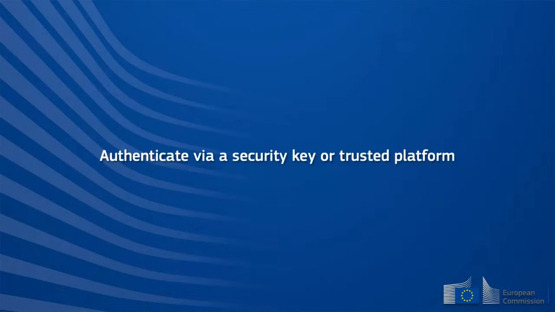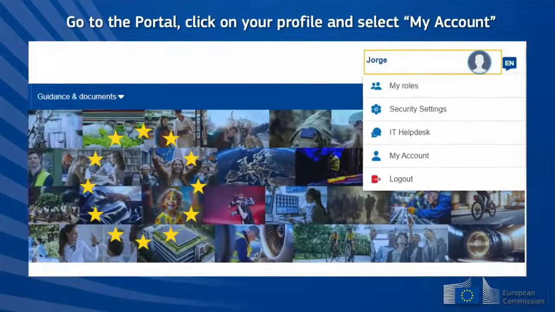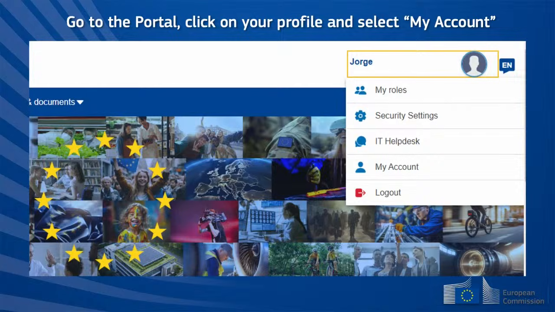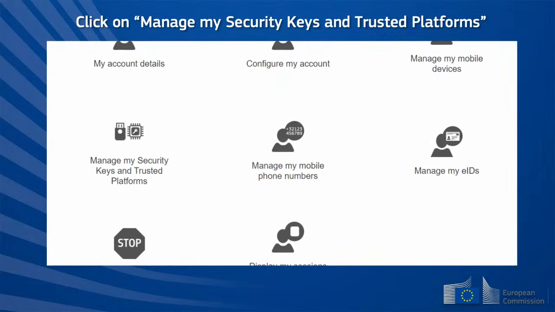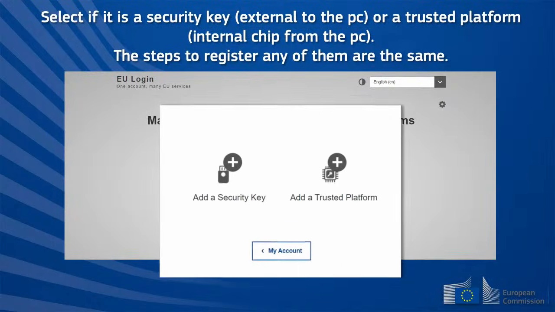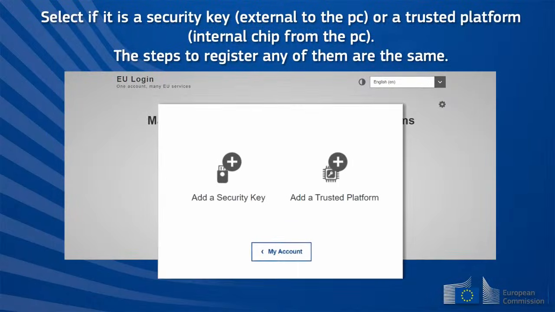Authenticate via a security key or trusted platform. Go to the portal, click on your profile, and select My Account. Click on Manage My Security Keys and Trusted Platforms. Select if it is a security key, external to the PC, or a trusted platform, internal chip from the PC.